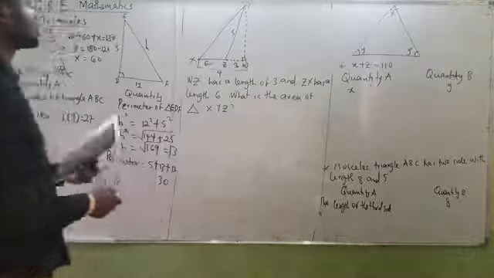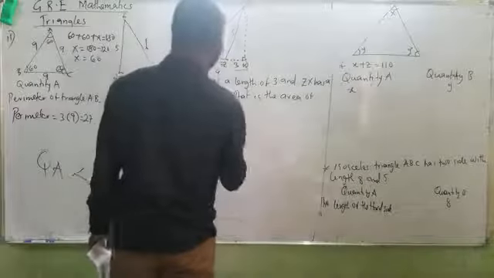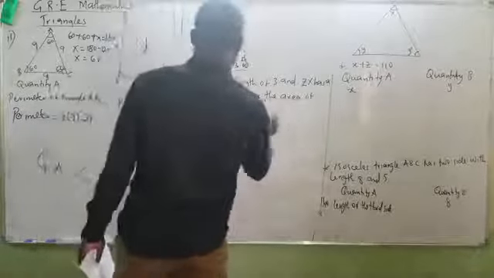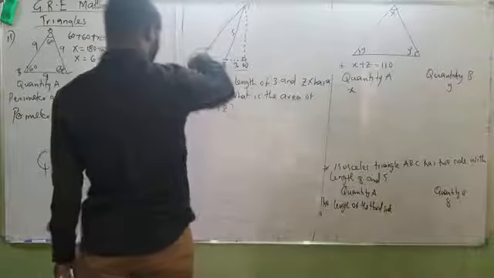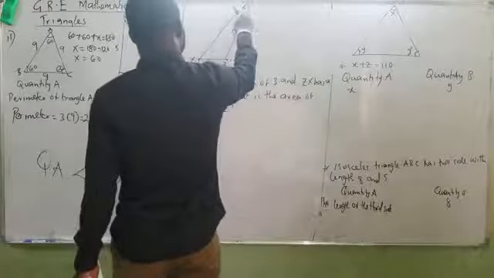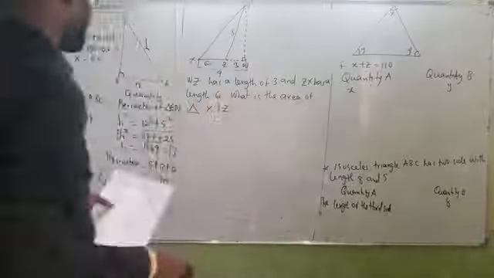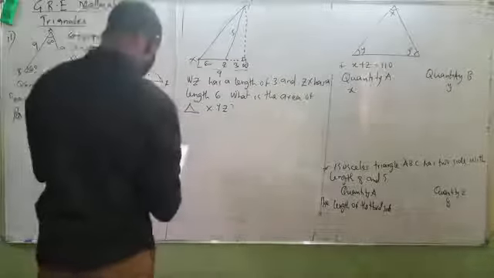That is the interpretation. Now, since it's 9, you are asked to find the area of triangle XYZ.